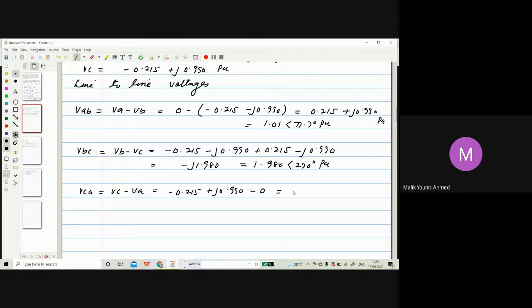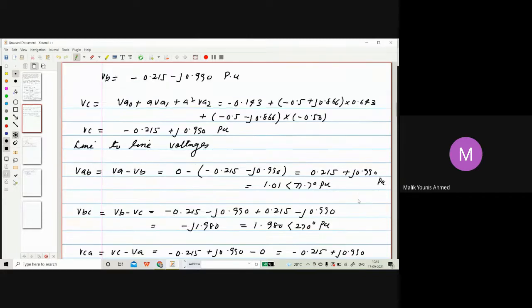So that will be simply the same, minus 2.15 plus j0.990. This in polar will be equal to 1.01 at an angle of 102.3 degrees in per unit. So we have got the line to line values in per unit.